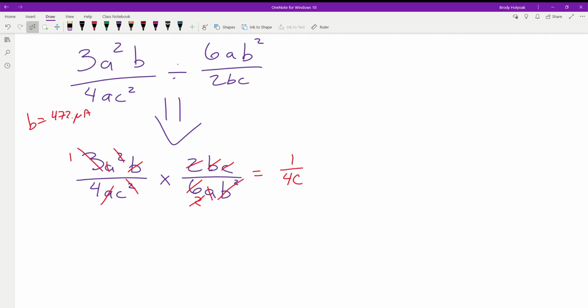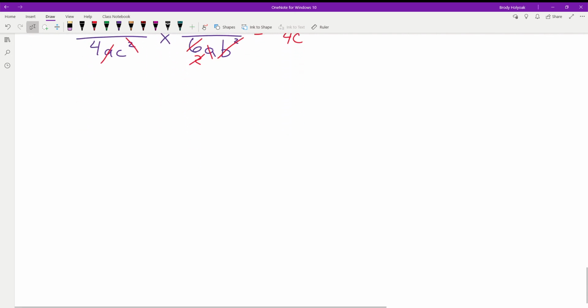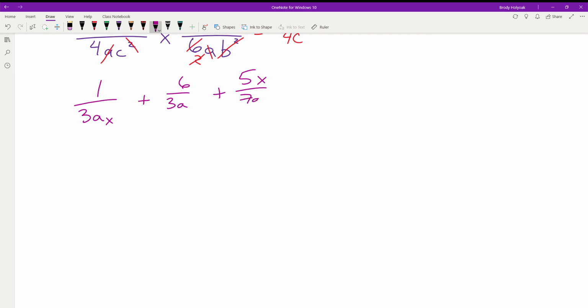Okay. The last math topic that we're going to talk about today. Anybody have any problems with the division of fractions? Adding and subtracting fractions. This is kind of where it all comes down. A lot of times we're going to have situations where we have fractions such as this: 1 over 3ax plus 6 over 3a plus 5x over 7a.